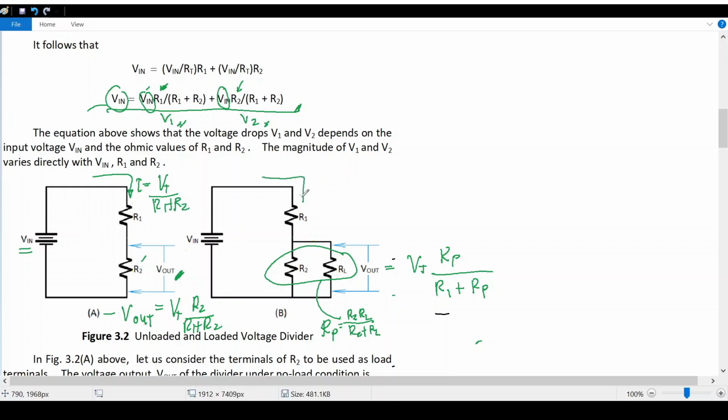Now, when an RL is connected across R2, the current, let's name this I prime, would now be the same voltage supply over R1 plus R parallel.